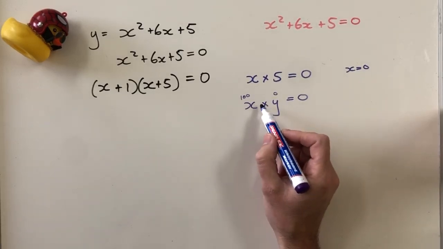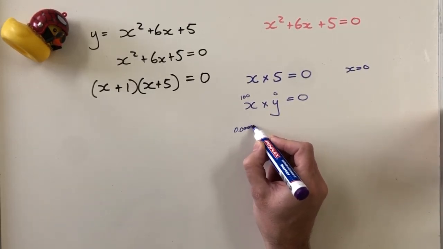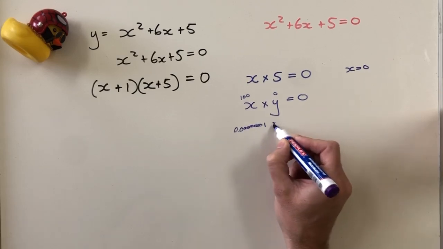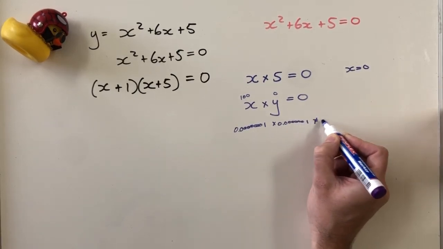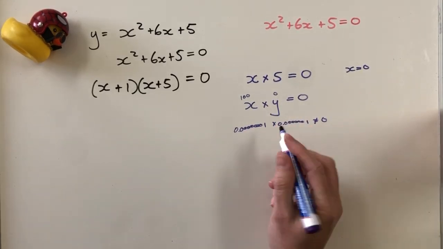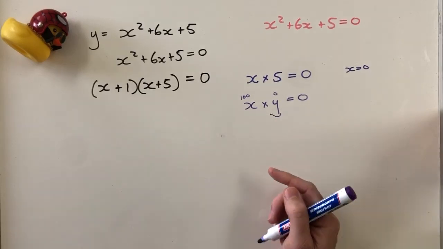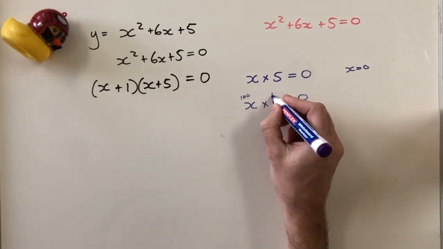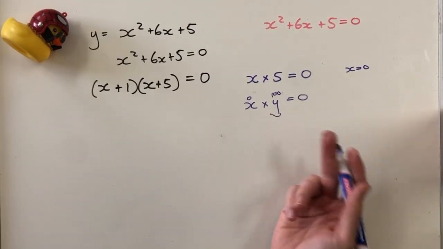Even if I were to take the smallest numbers I could, like 0.000000001 times 0.0000001, that would not give me 0. So the only possible solution for something like this is that y has to be 0. Or if y is 100, then x has to be 0. But one of these two has to be 0.